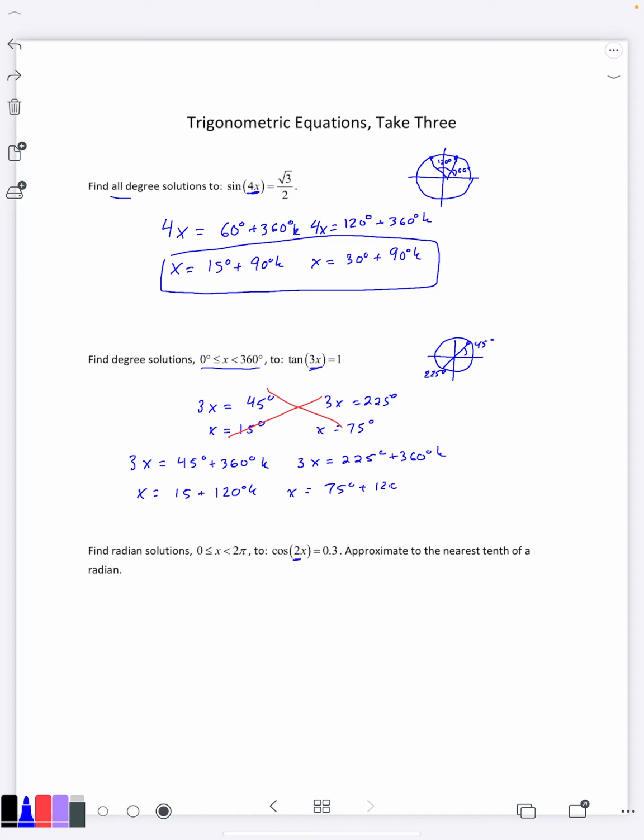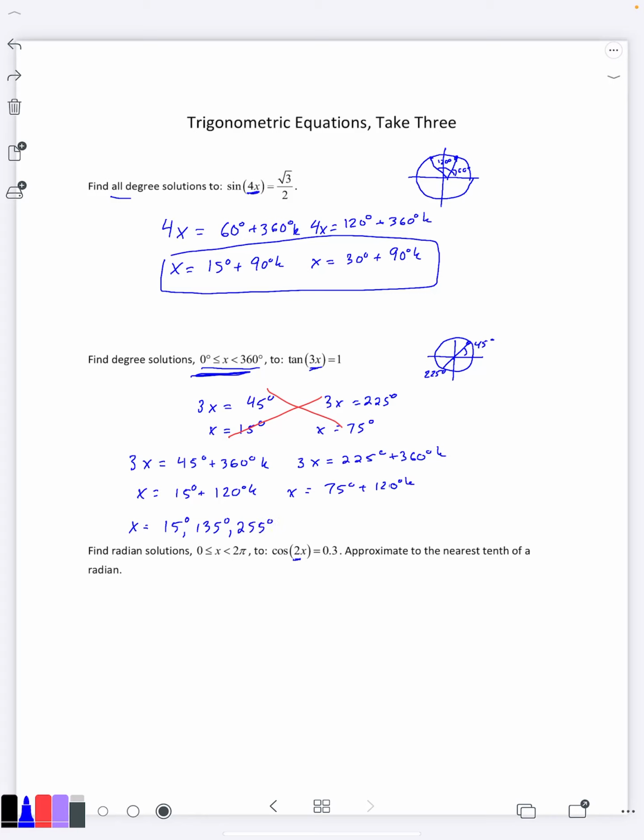Once you have these down, ask yourself for different values of k, when will you get an answer that's between 0 and 360? For the first one, if k is 0, I get 15. If k is 1, I get 135. If k is 2, I get 255.